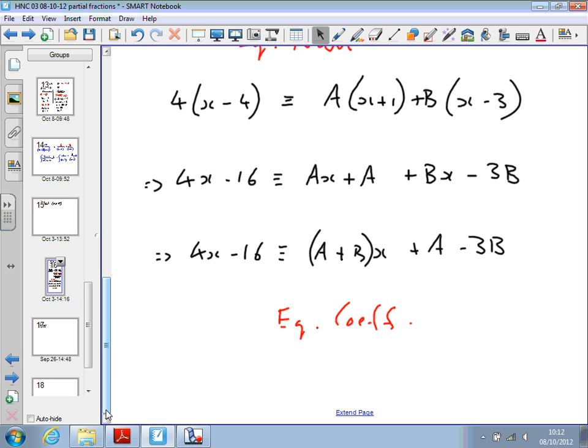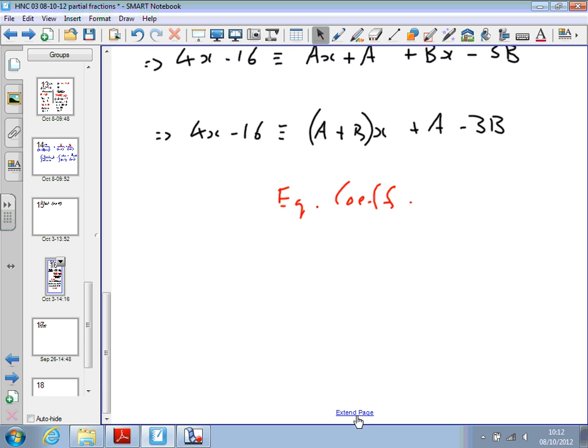Coefficient of x squared, the number in front of it, coefficient. So two equations, a plus b equals 4 and a minus 3b equals minus 16.